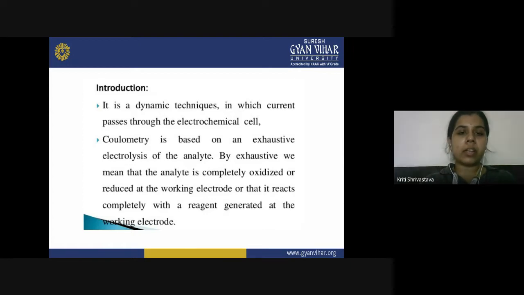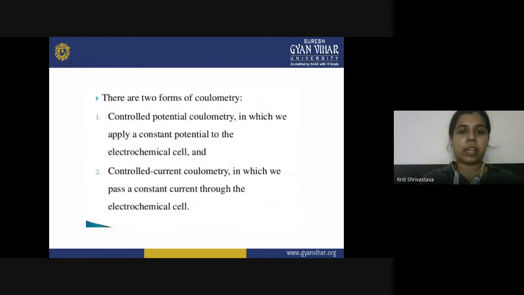And if it is to be reduced at the working electrode, then complete reduction should take place during the experiment. This exhaustive electrolysis is actually the basis of coulometry. However, in other techniques like polarography, we only perform partial electrolysis of the analyte. But here we perform complete exhaustive electrolysis of the analyte.